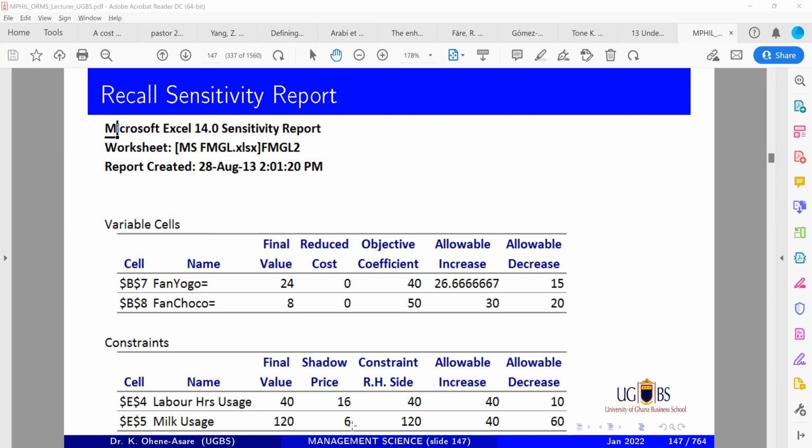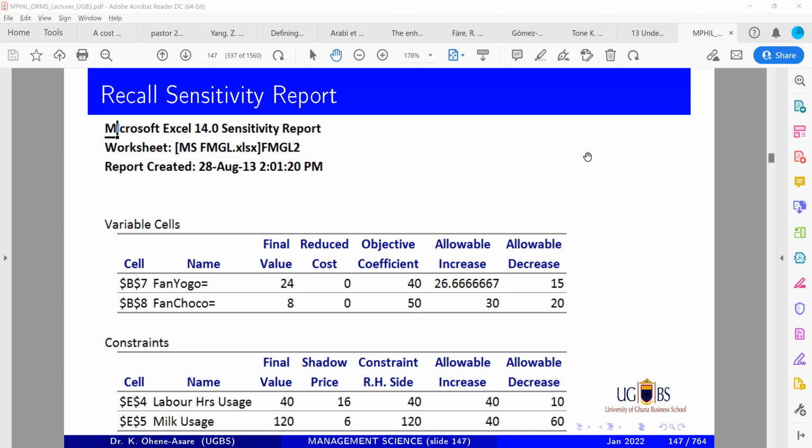Have you observed? It will not match it. Because if you increase the labor hours by 1, profit will rise by 16. But if you increase the gallons of milk by 2, profit will rise by only 12. So the gallons of milk doesn't carry much weight compared to that of the labor.